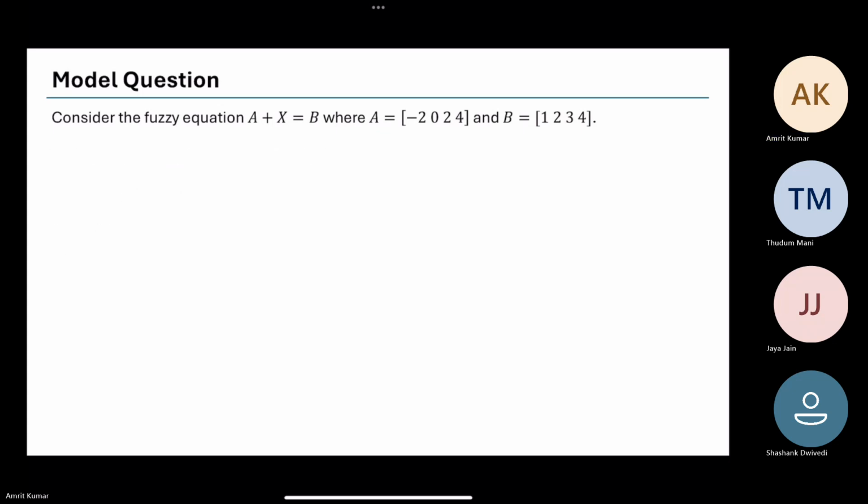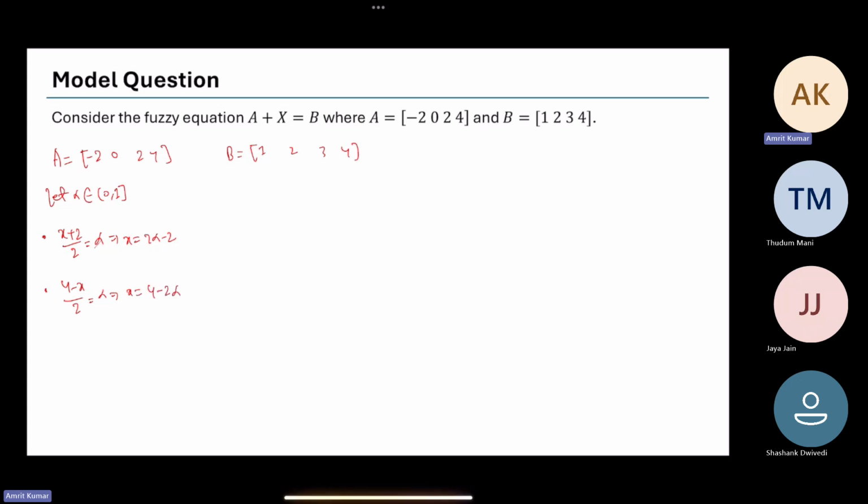First of all, let us write the alpha cuts. I'm not going to explain what I'm doing here. I hope that is clear to you.